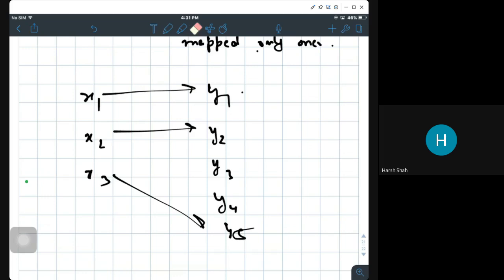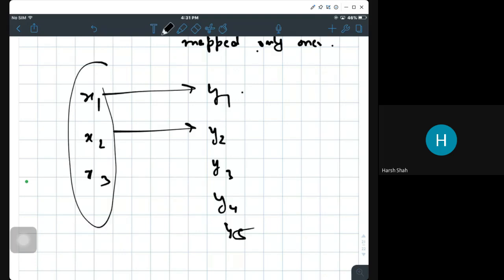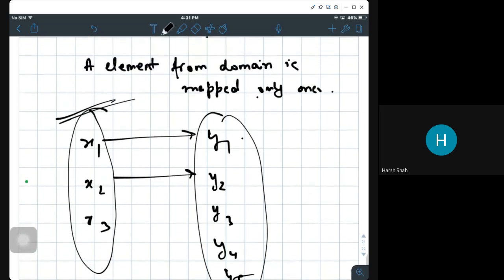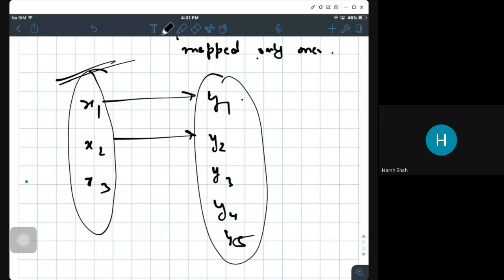But if I remove this x3, this is now not a function, because I want the domain to be completely used up. If the codomain is not used up, it is okay, but the domain should be used completely. This is what I mean by a function.